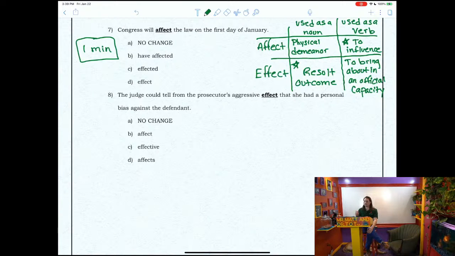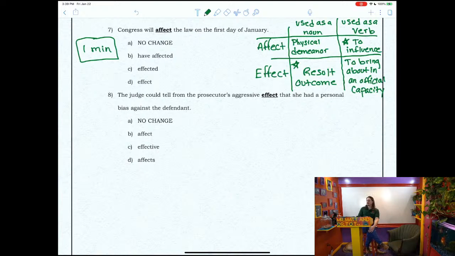For example, the answer to number 8 is affect used as a noun. The judge could tell from the prosecutor's aggressive affect that she had a personal bias against the defendant. So affect here means the prosecutor's overall physical demeanor or facial expressions, the feeling that you get from somebody's behavior or tone towards you. So I just explained that.